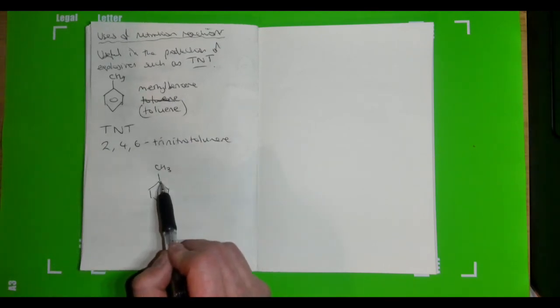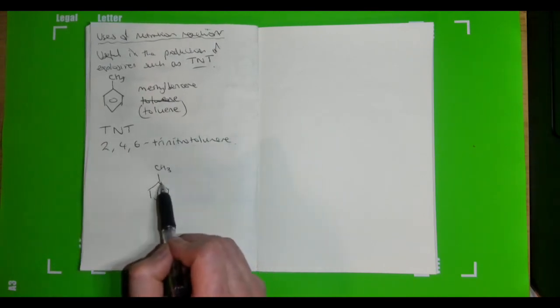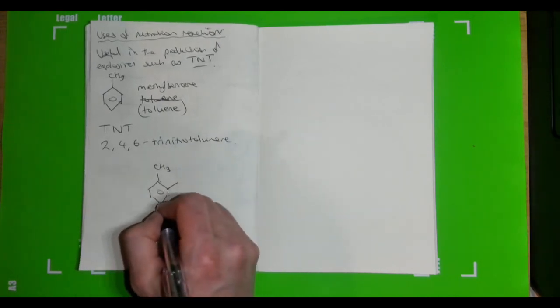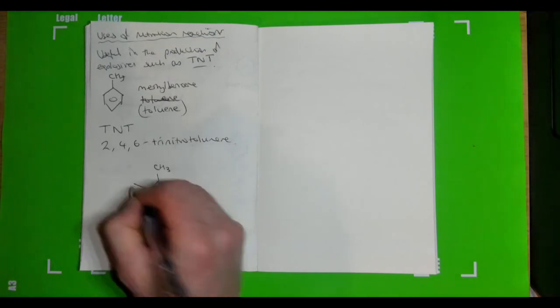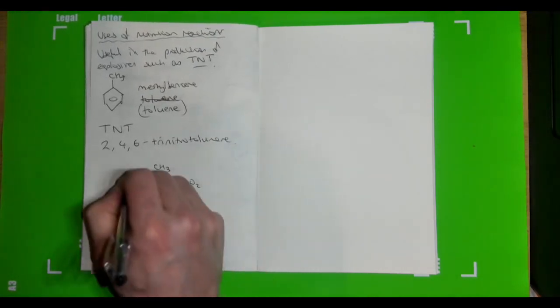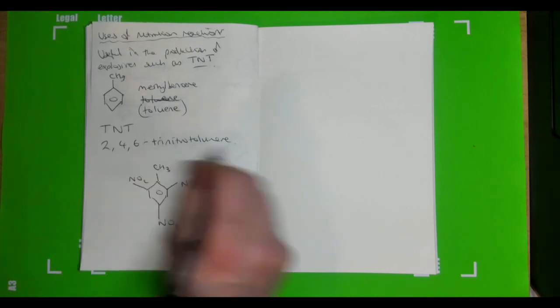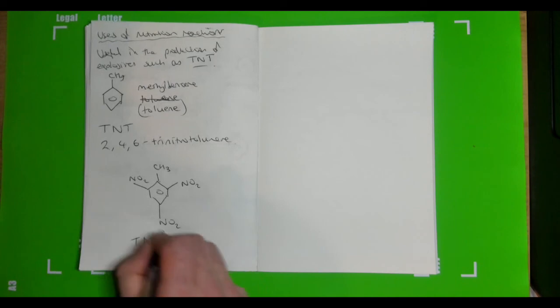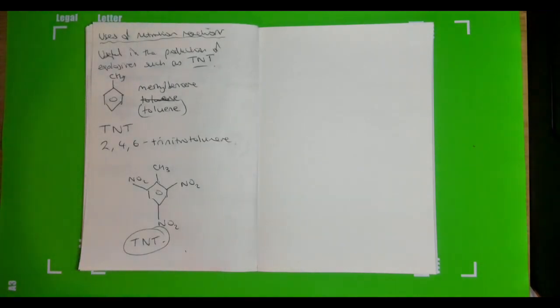Well, that must be carbon 1 because it's based on toluene, so that has to be carbon 1. So on carbon 2, carbon 4 and on carbon 6 you've got nitro groups. That there is 2,4,6 trinitrotoluene, which is TNT. Okay, that's the chemical formula of TNT.